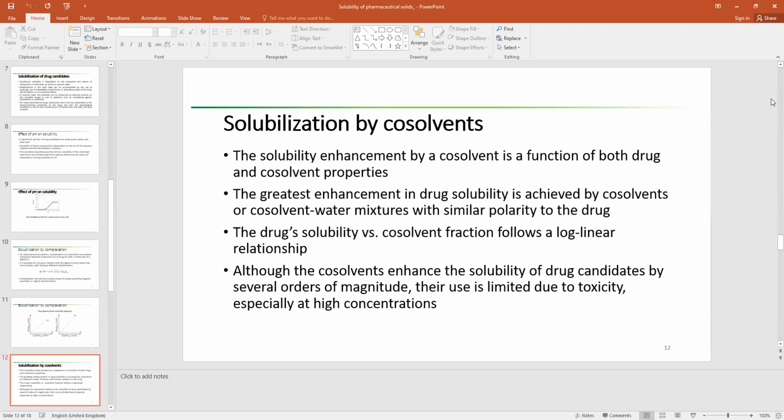So the drug solubility versus co-solvent fraction usually follows a log linear relationship. That is, we estimate a high solubility once we change to a co-solvent. However, the use of co-solvents, although it enhances the solubility in good ways, is limited due to toxicity, especially at high concentration, toxicity of the co-solvents, of course.